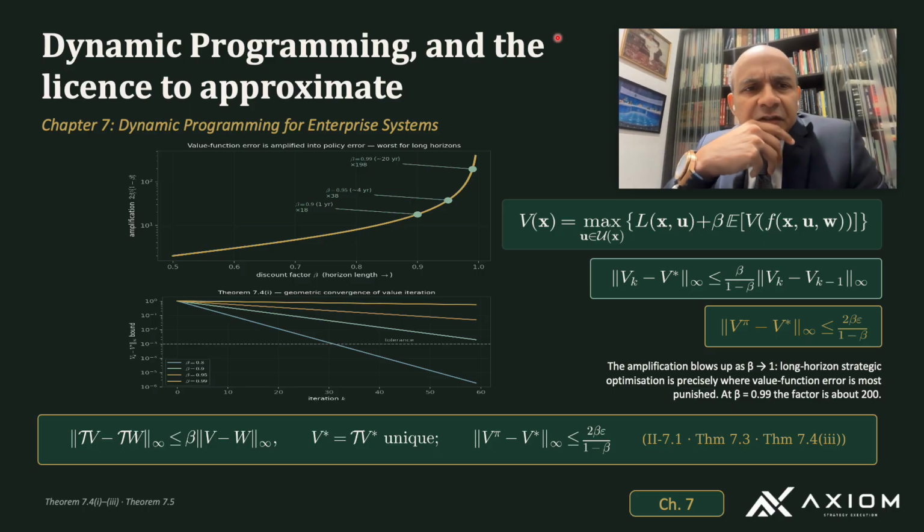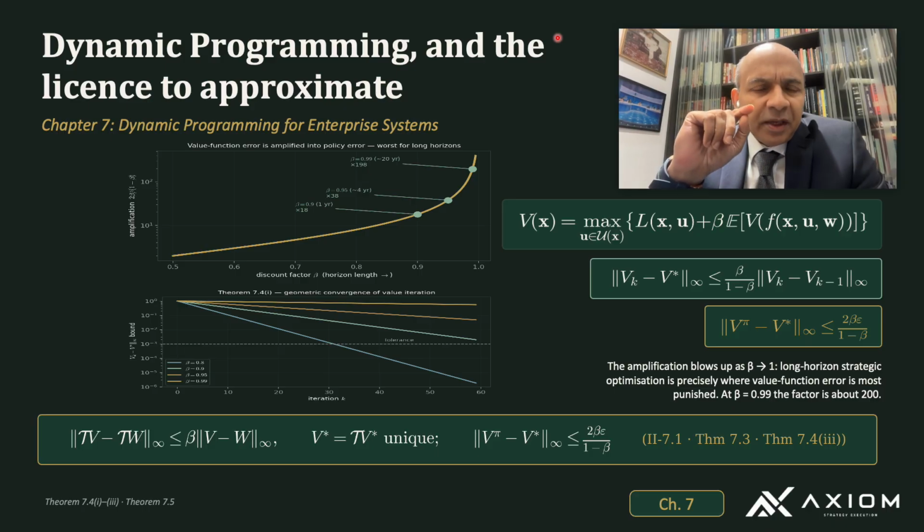Value iteration converges geometrically to the unique optimal value function, provides a computable stopping error bound, and guarantees that policies based on an approximately correct value function are themselves near optimal. Long horizon enterprise problems are precisely the ones where value function error is most amplified into policy error.